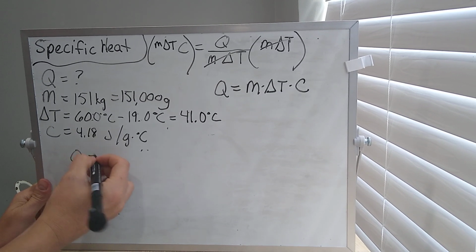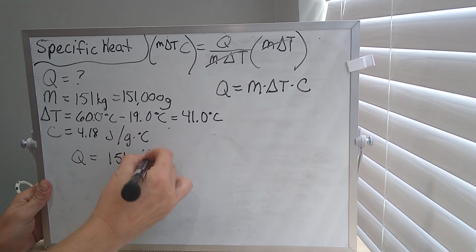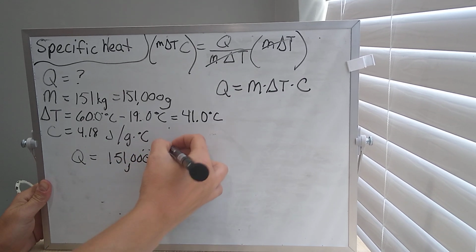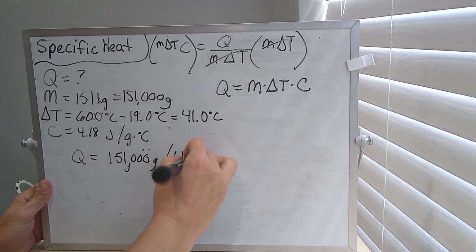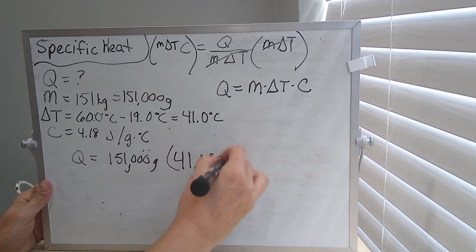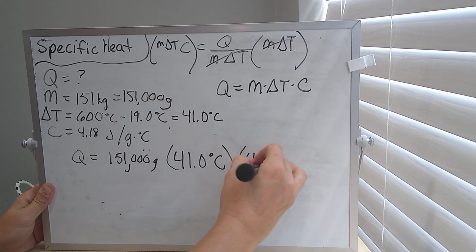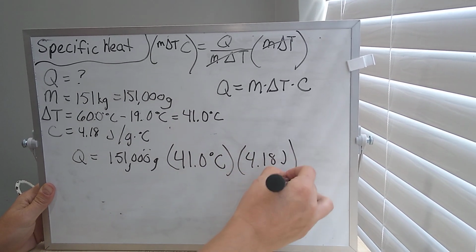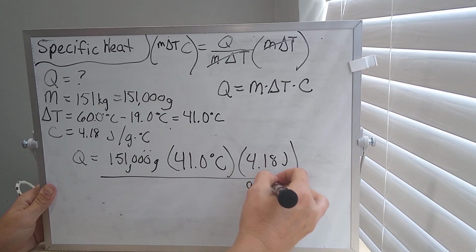So Q equals our mass of 151,000 grams times our change in temperature, which is 41 degrees Celsius, times our specific heat, which is 4.18 joules all over grams times degrees Celsius.